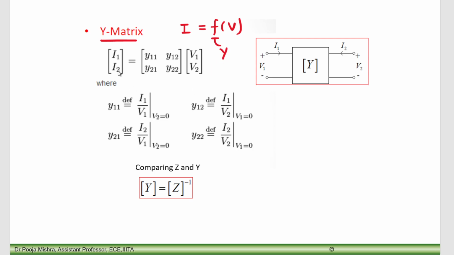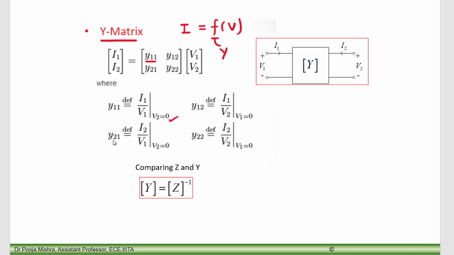The matrix that we define for Y is I1, I2 equal to Y11, Y12, Y21, Y22 times V1, V2. If you want to determine Y11, Y11 will be equal to I1 over V1 when V2 is equal to 0.